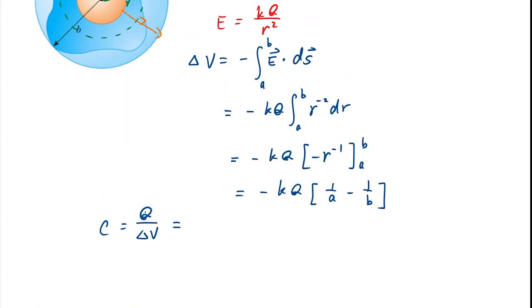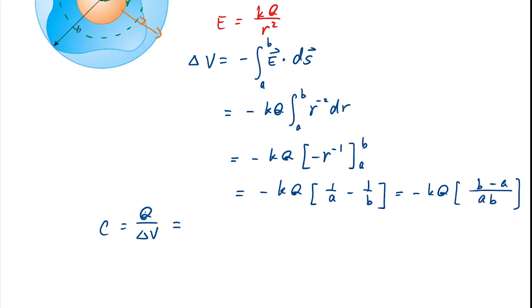So then Q divided by this, so that Q cancels. By the way, take the absolute value of that thing. So we have a common factor, kQ. You don't have to, but it looks prettier. AB here and then B minus A, and you can see that's definitely positive.